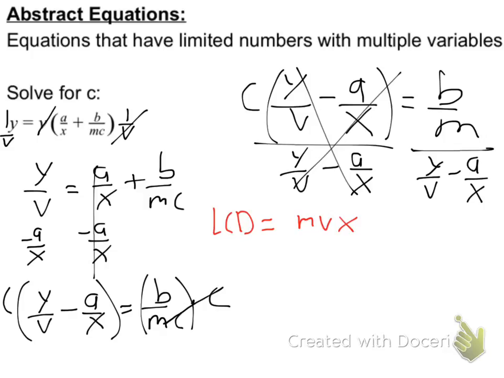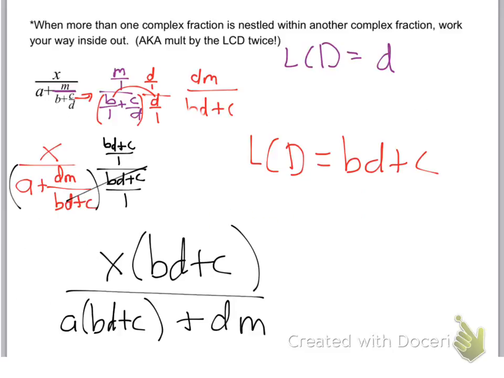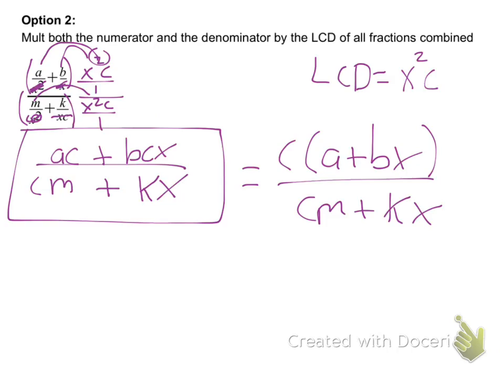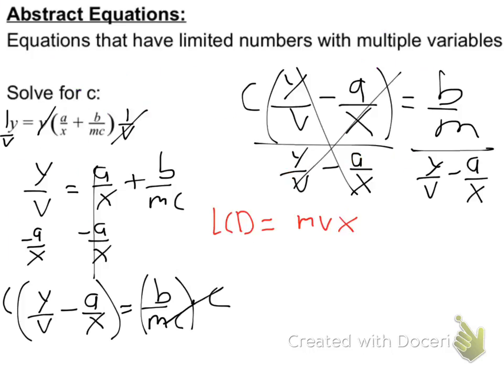Now, go back to what we did here. Look at these problems. What did I actually do with that x squared c? I multiplied it eventually to all of the pieces, right? So if I go back here, what am I going to multiply the MVX to?